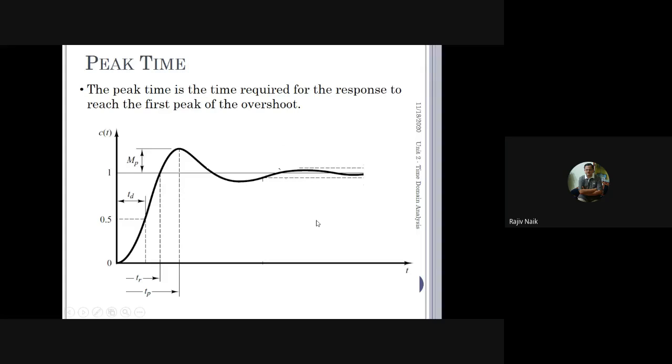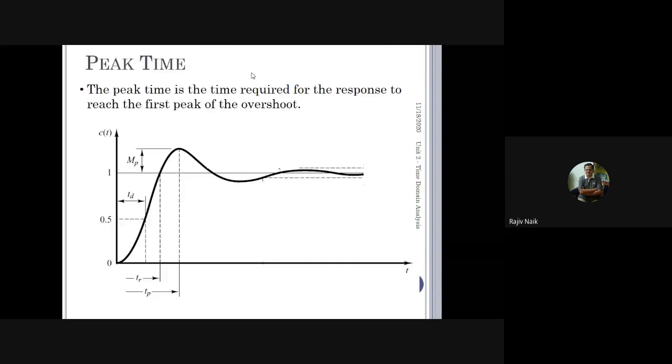Then the third derivation is the peak overshoot derivation. Here we are finding the normalized difference between the 1 and the peak value.